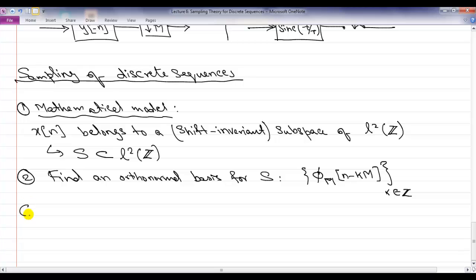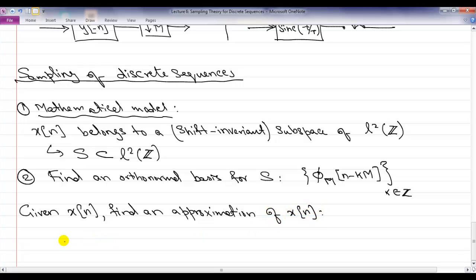So if I want to find an approximation of x[n], because I don't know for sure whether x[n] really lives in that subspace or not, that is simply given by x tilde of n.